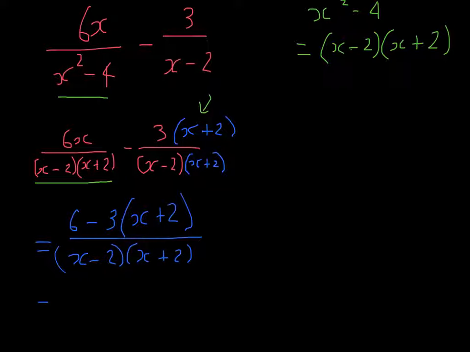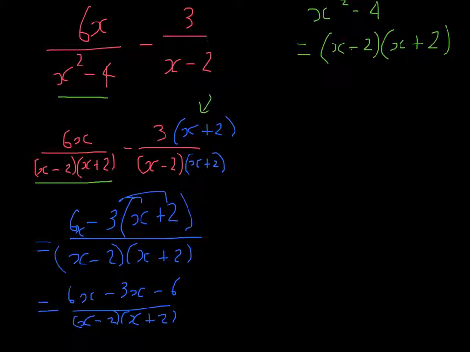If we are now going to expand that, sorry I missed the 6x as well. If I'm now going to expand that, I will have 6x minus 3 times by x is minus 3x, minus 3 times by 2 is minus 6, all over x take 2, x plus 2.